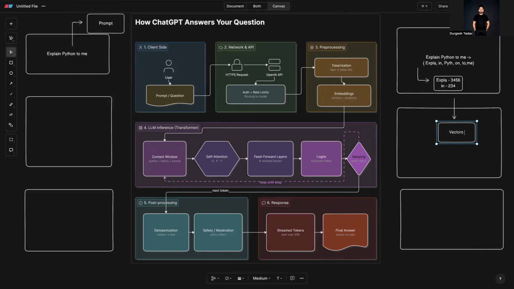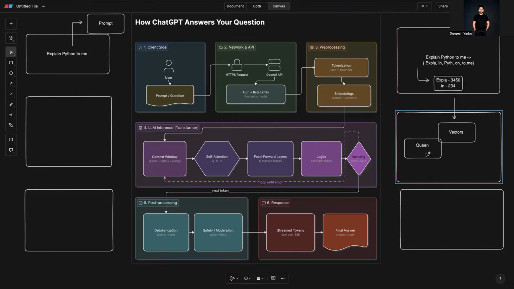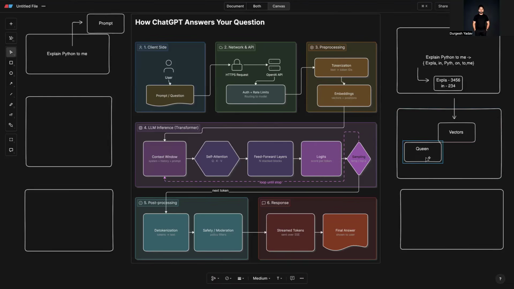You can think of it as a mathematical representation of meaning. Let me give you an example: let's say you have written something like "queen." Queen is a particular token, and this token has a number.